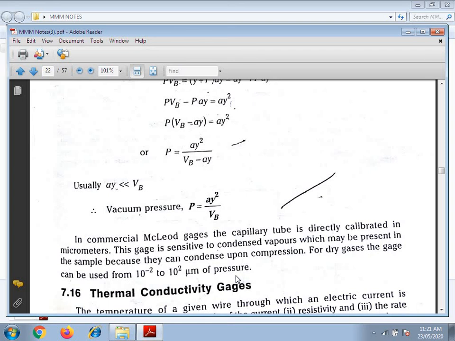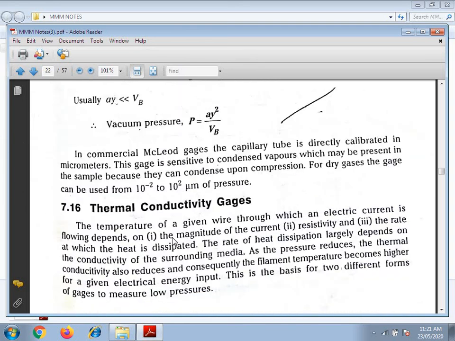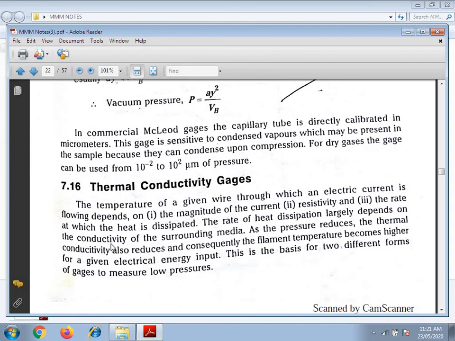Next one is the Pirani gauge, the Pirani thermal gauge. Before that, the temperature of a given wire through which an electrical current is flowing depends on, first, the magnitude of current, second, resistivity, third, the rate at which the heat is dissipated.